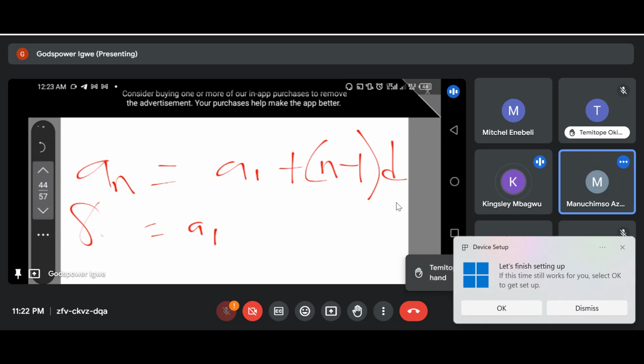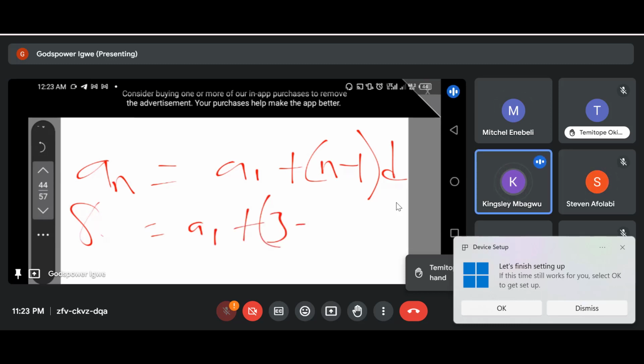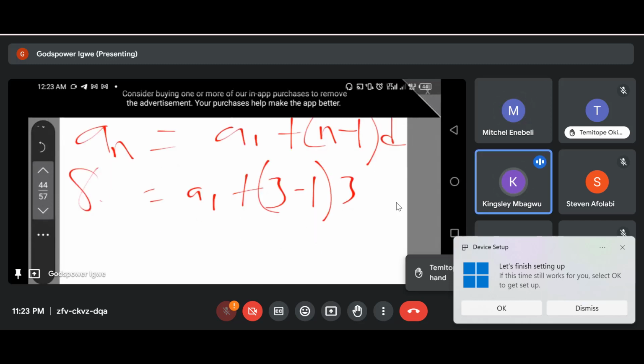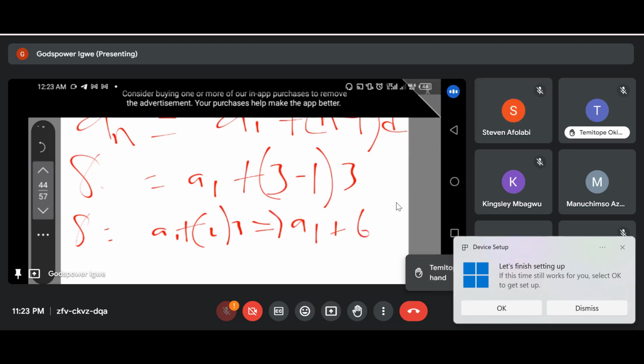Yes, so a1, that's what I was correcting from the other side. So this is supposed to be 8 is equal to a1 plus 2 times 3. This is going to give us a1 plus 6.